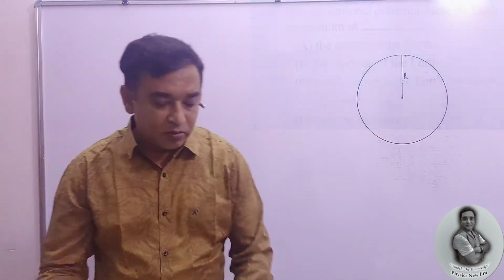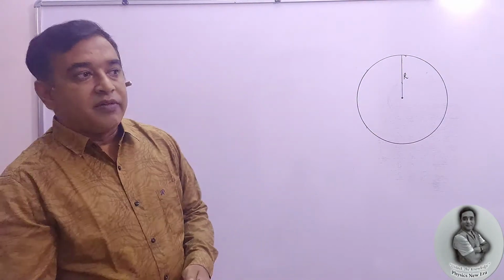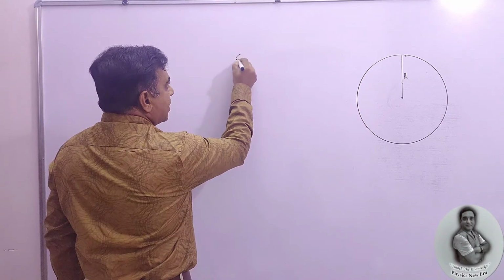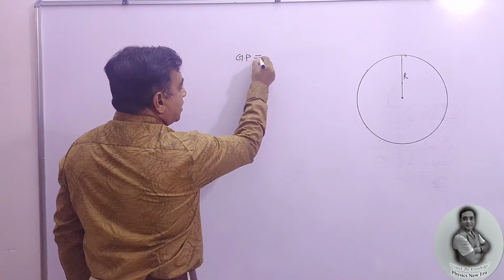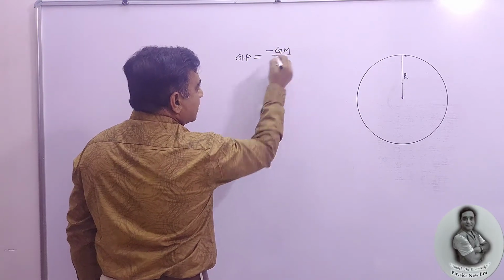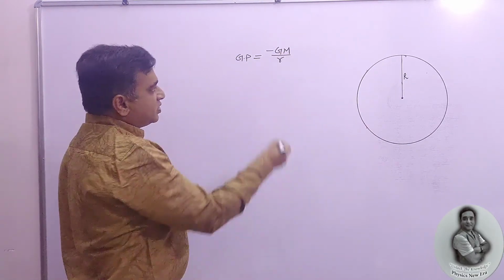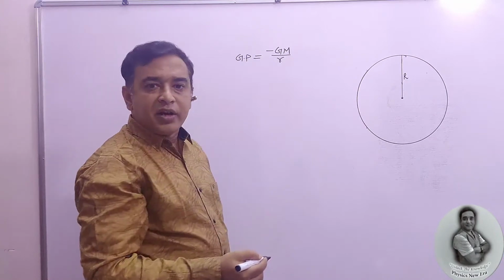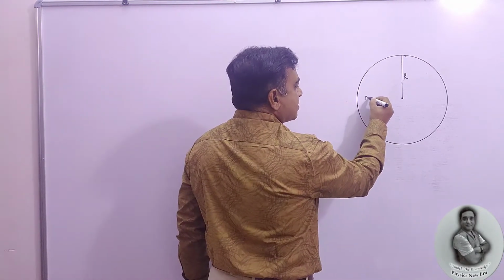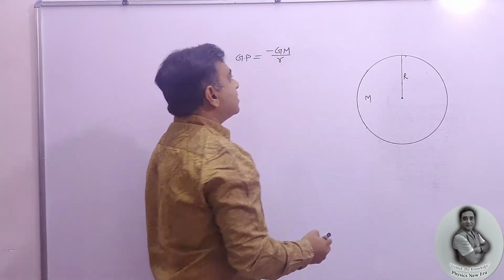We know the general formula for gravitational potential: V is equal to minus GM upon r. This is the basic formula. Let M be the mass of the earth and r the radius of the earth.